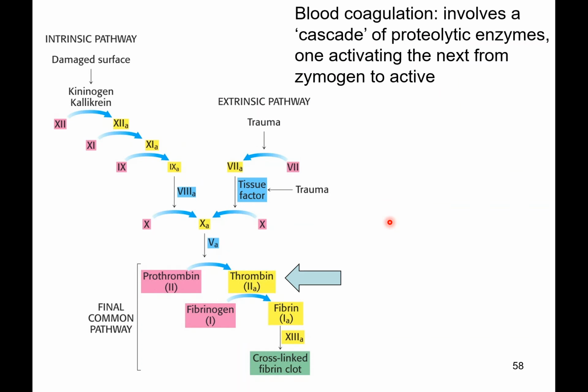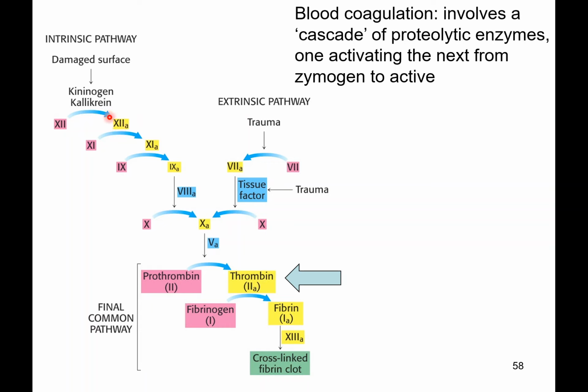Blood clotting involves a cascade of proteolytic enzymes. Proteolytic enzymes, again, means the enzyme cuts a protein bond, a peptide bond. You don't need to know this, it's a little more complex than we need to get into, but you have these clotting factors that start as zymogens, and they become cleaved.